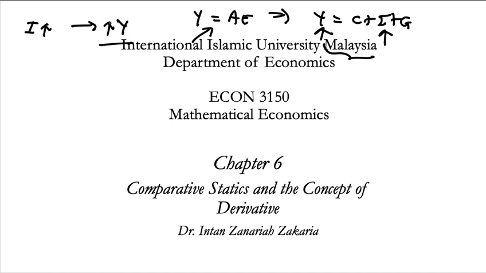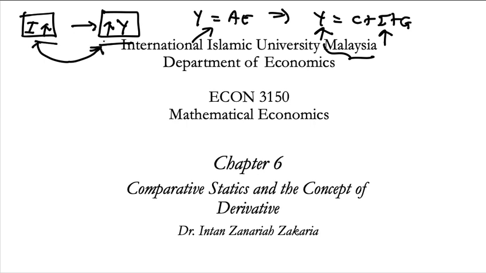So we want to see the direction of this variable, income, after a change in the exogenous variable, which is investment demand. So here we want to see the direction of Y after an increase in investment by 1 unit. 1 unit could be 1 billion, 1 trillion, and whatnot. It depends on the measurement of the two variables we are talking about.